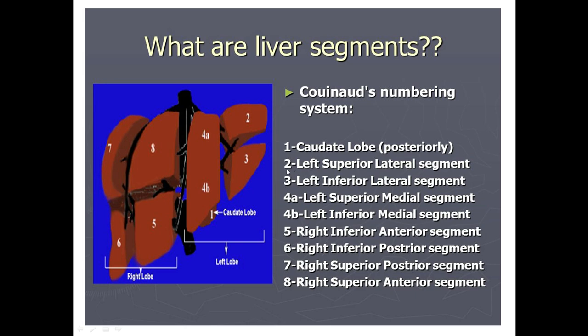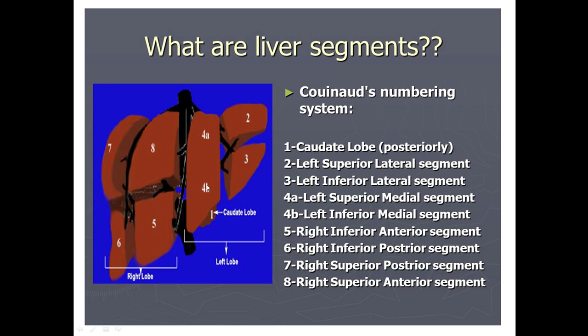Then second is the left superior lateral segment, then the left inferior lateral segment. Then the left superior medial segment and the left inferior medial segment, 4A and 4B, easy to remember.